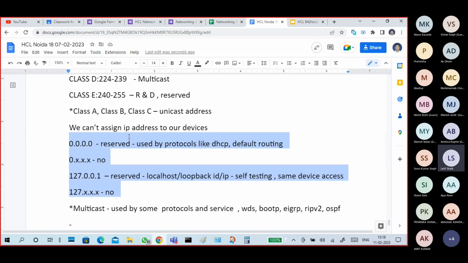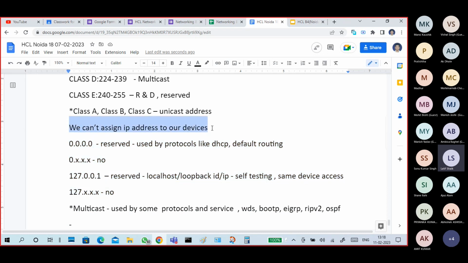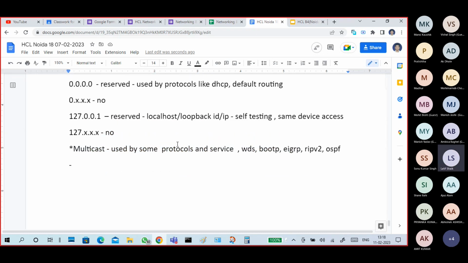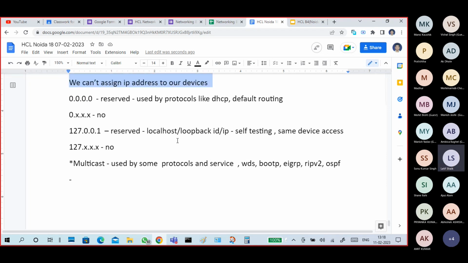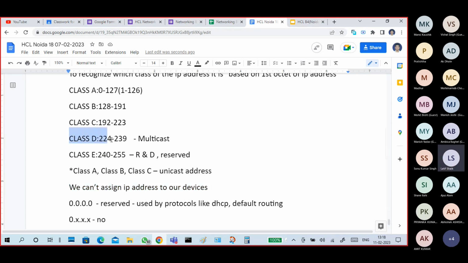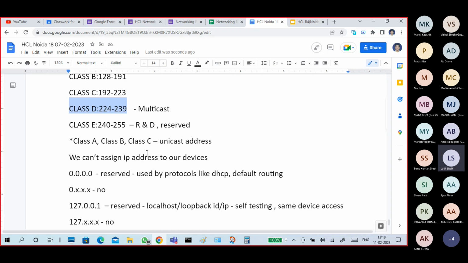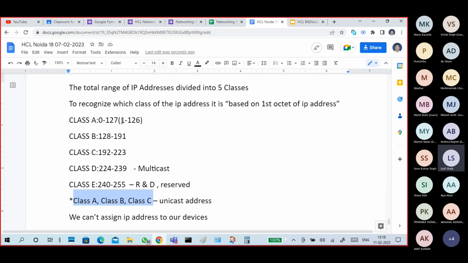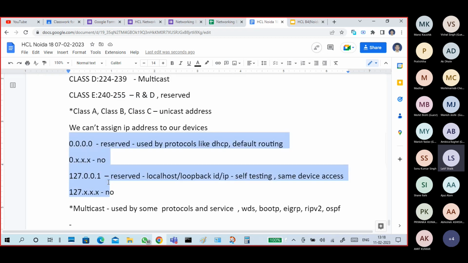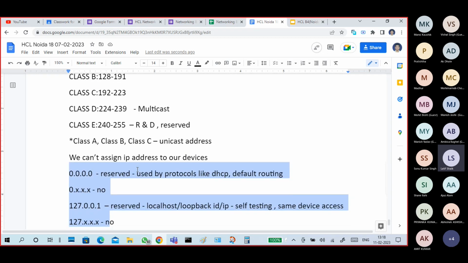We can't assign certain IP addresses to our devices: 0.0.0.0, the 127 series, and multicast addresses which are class D. For communication we use class A, class B, class C, in class A this range, class B this range, class C this range. So in class A, except this range, we can use it to assign an IP address.